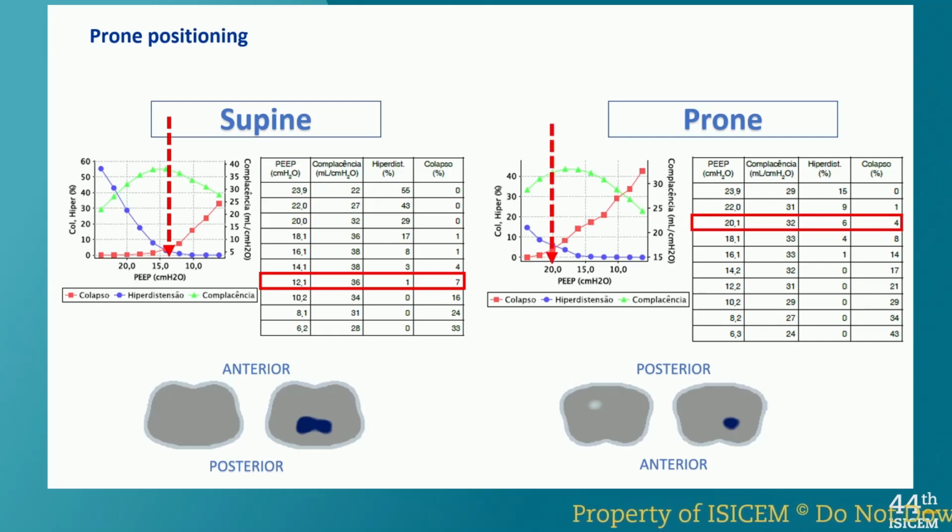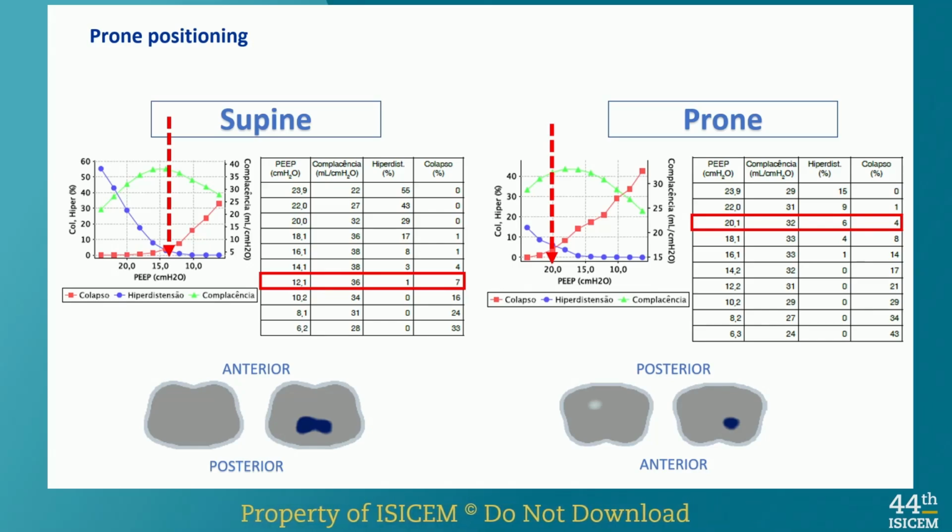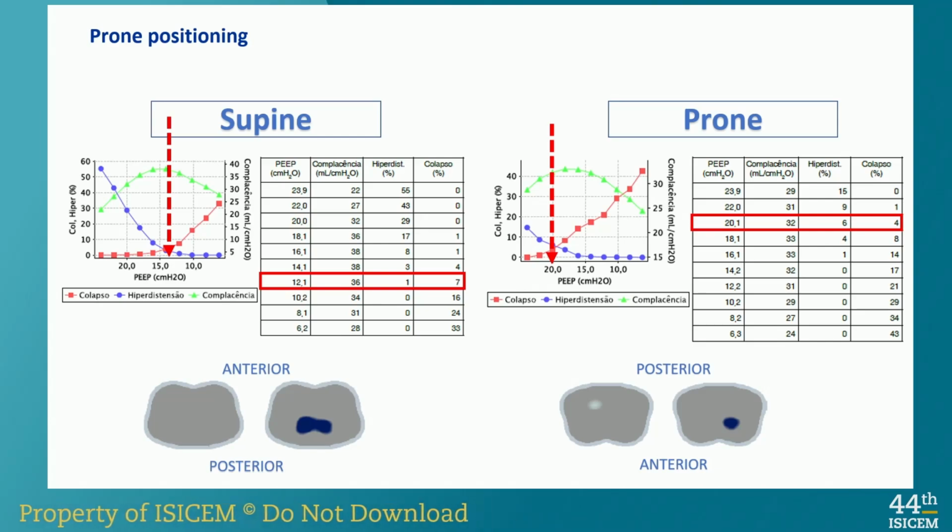But in this same animal, in prone, the ideal PEEP was 20. So in some animals the ideal PEEP in prone is higher, but it could happen in every way. Sometimes it's lower, sometimes it's higher. It depends on your particular anatomy, which is related to the anthropometric measurements.